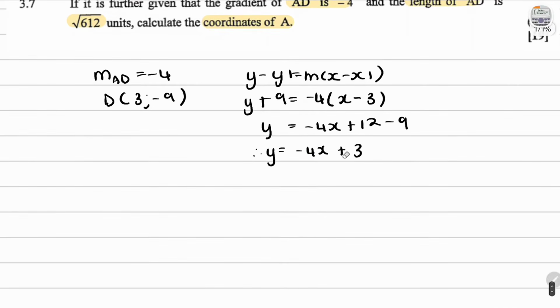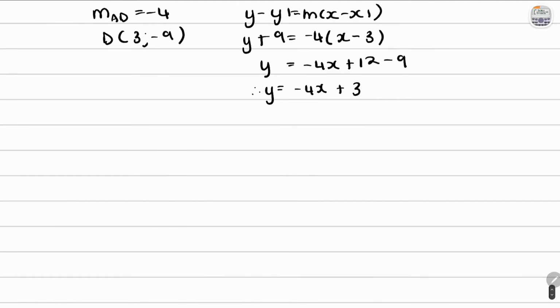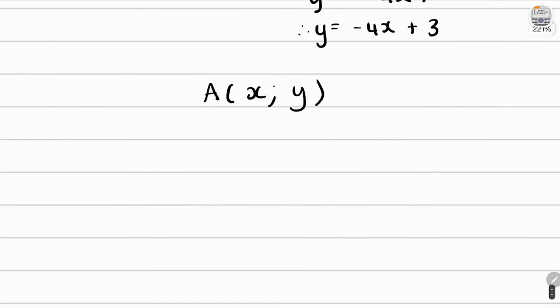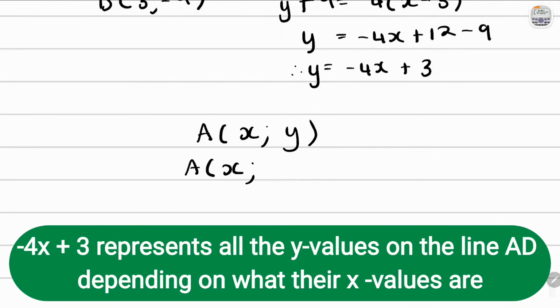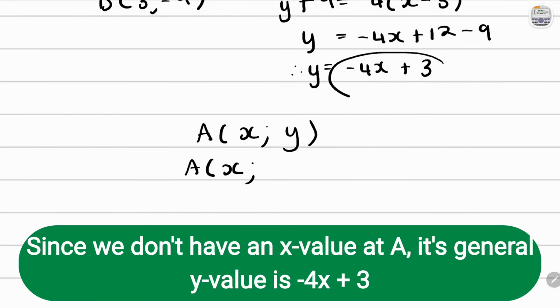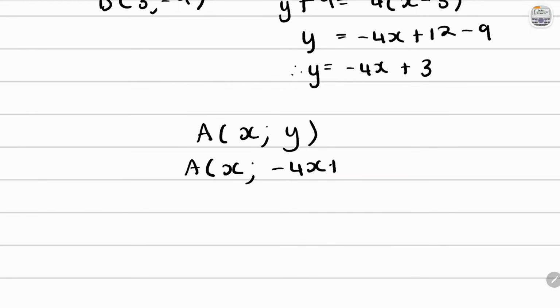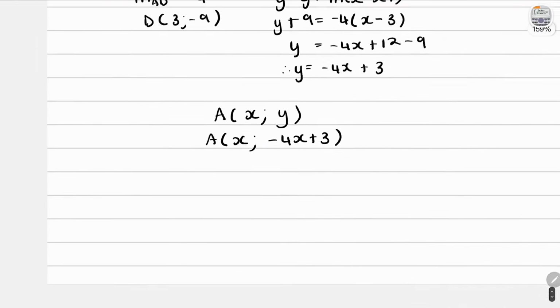And now we know that A is unknown, so we don't have the x or the y value. However, we can give it an x and y value. We can call the x value x, and what is y equal to? It's equal to -4x plus 3.